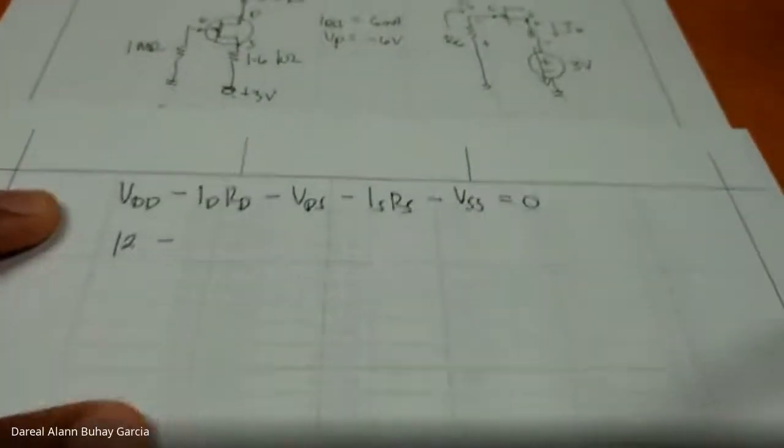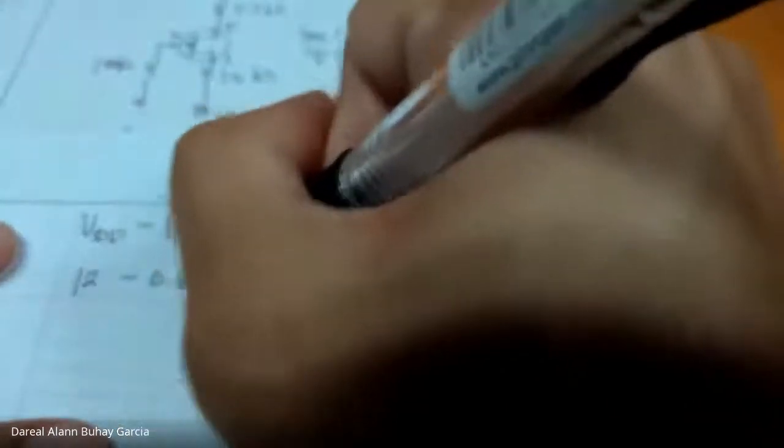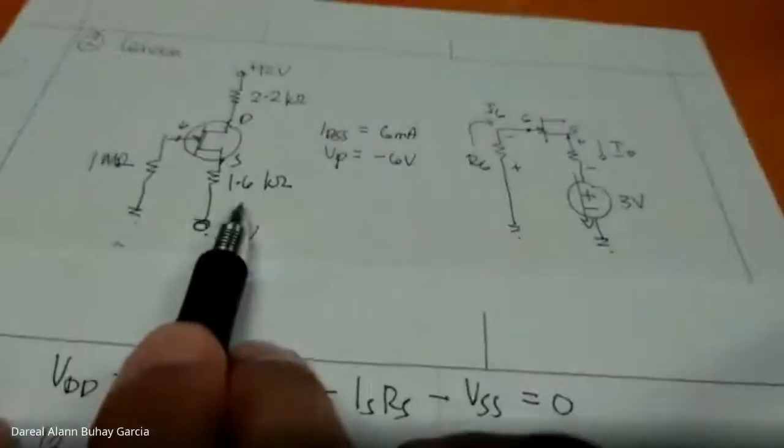12 minus ID is 0.645 times 2.2 kilo minus VDS minus 0.645 times 1.6 kilo minus 3.